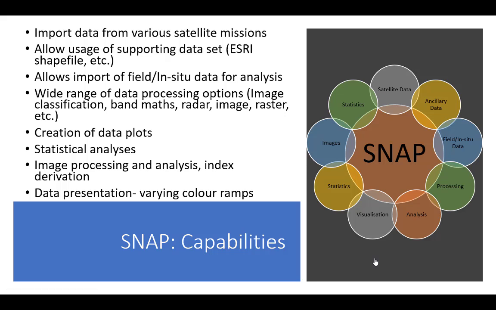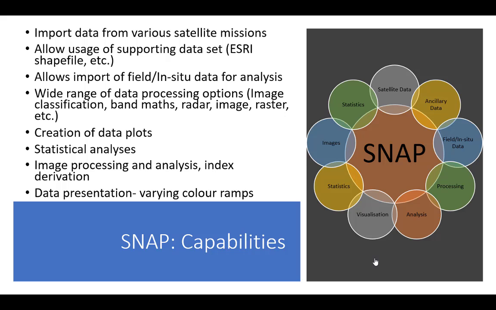You can import data from various satellite missions. You can use the standard S3 or ArcGIS shapefile within this platform, and some other established software formats like ENVI, ERDAS, and the rest. You can also import field and in situ data for analysis within SNAP, and there is a whole range of data processing options.